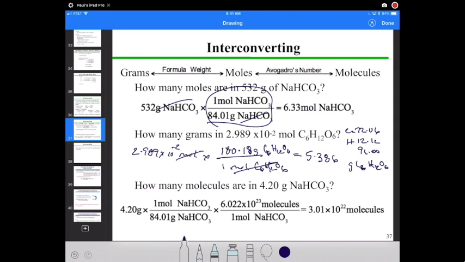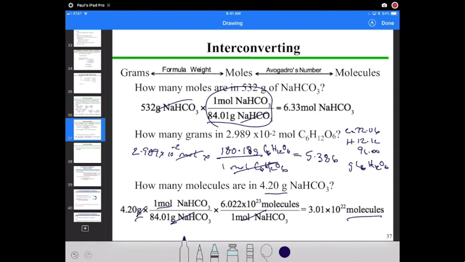Okay, so grams to moles, moles to grams. And then how many molecules are in 4.2 grams? Can't go from grams directly into molecules, but I can go from grams to moles, because I'll cancel out grams, and then moles to number of molecules, and I can calculate how many molecules I have in that small amount.